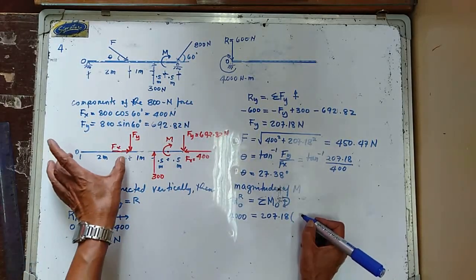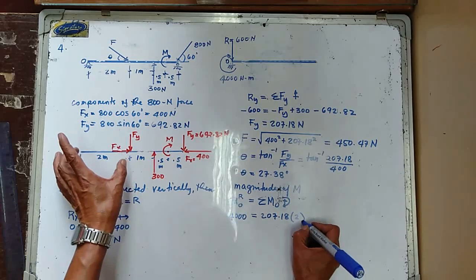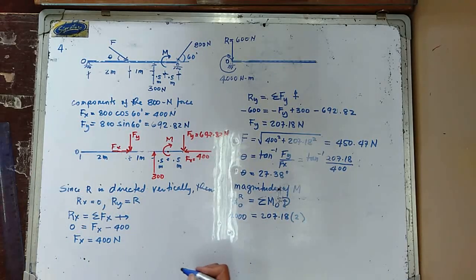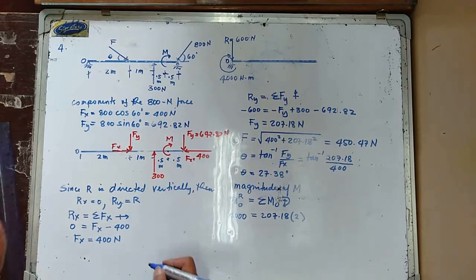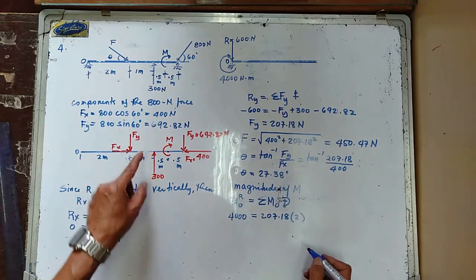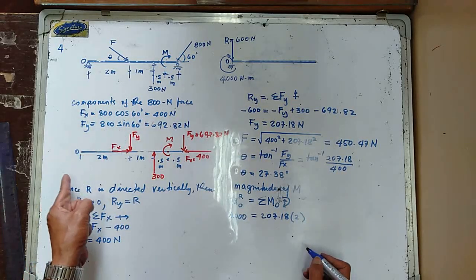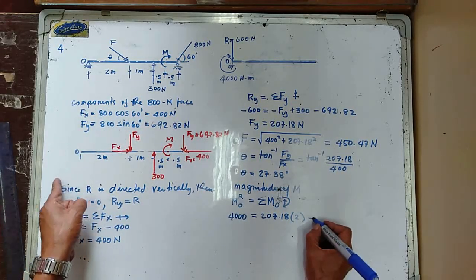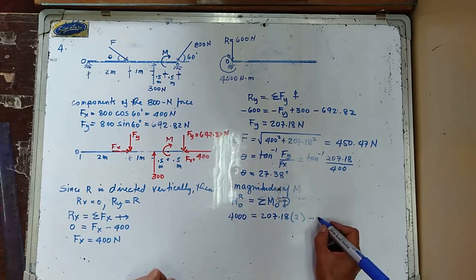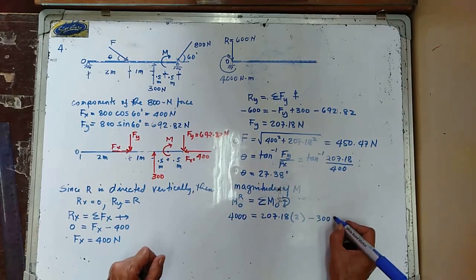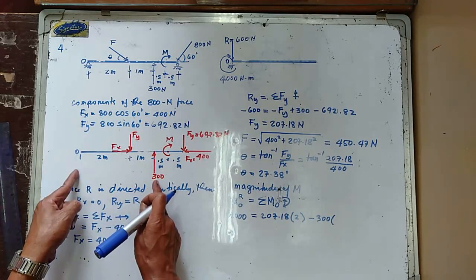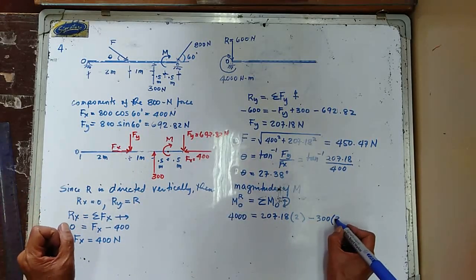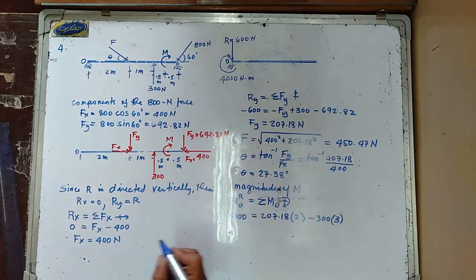The moment arm is 2 meters. Then we have the 300 going counterclockwise, so it is negative because we assume clockwise to be positive. Now the moment arm is 2 plus 1, which is 3.